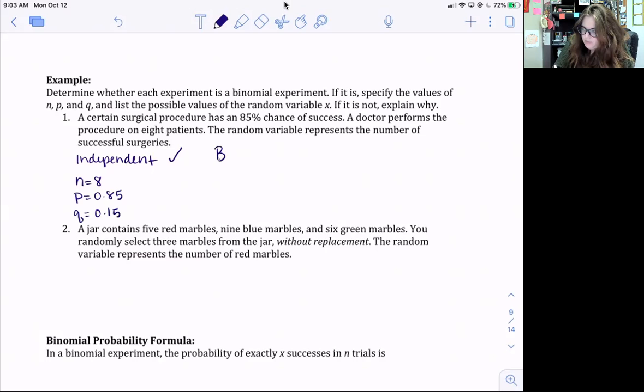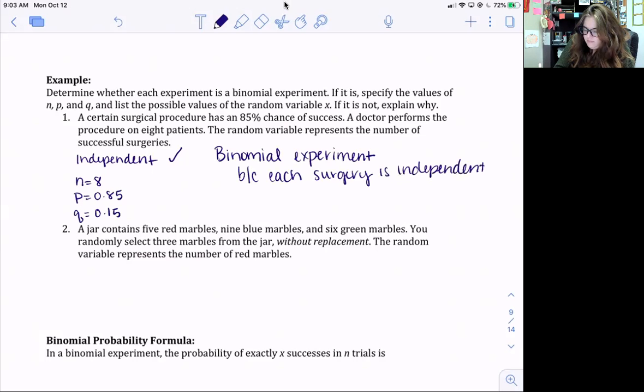So we can say that we do have a binomial experiment, and the key reason why is because each surgery is independent. We also needed to list our x values. Since there were 8 surgeries, we're going to go from 0 all the way up to 8.